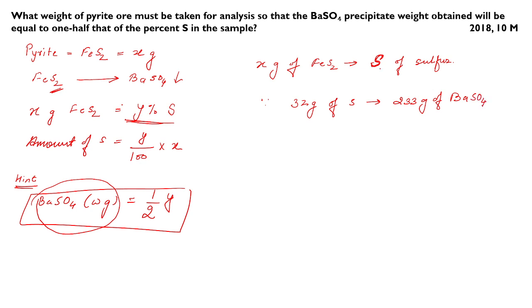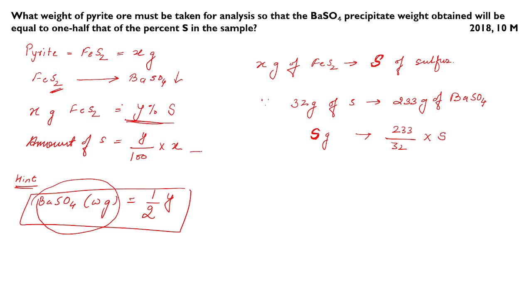This FeS₂ gives you the sulfur, and this sulfur then gives you BaSO₄. So S gram will give 233 divided by 32 multiplied by S.